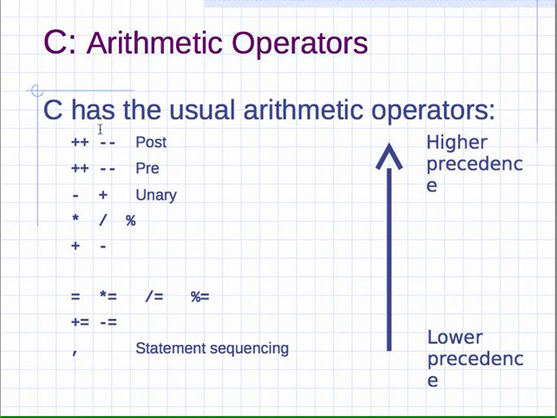And even higher is post-increment, pre-increment, and so on. You have the same kinds of operators that you might have seen in Java or C++. Star equals means that if you say x star equals 5, that's the same as x is equal to x times 5. So that kind of thing also works for divide and the mod or remainder operation.